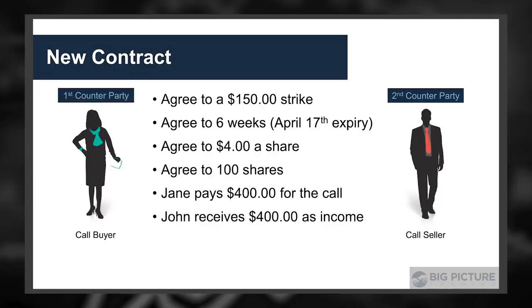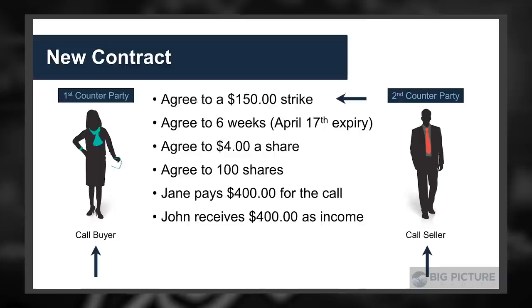In this scenario, Jane and John enter an agreement at the $150 strike price. The GLD could be at any price. It could drop down, it can jump to 154, it could jump to 146, but the two of them have entered a contract where Jane has the right to buy those shares at $150.